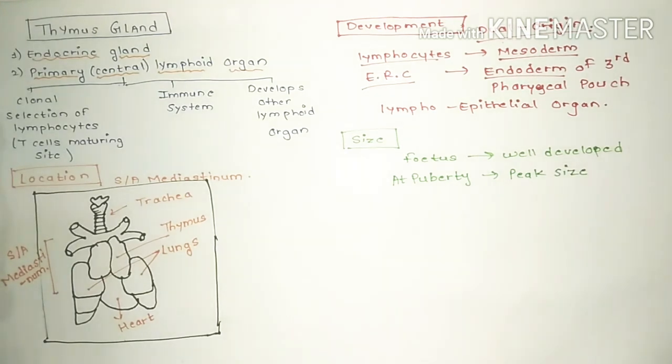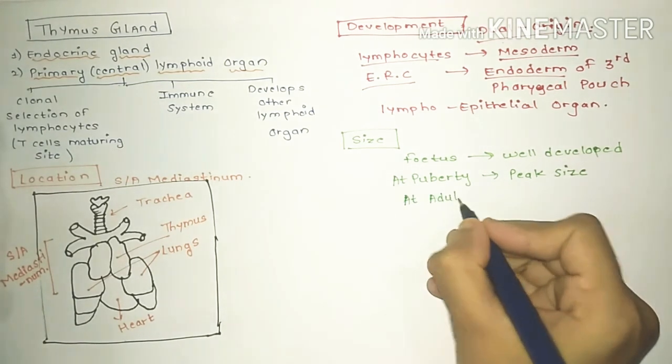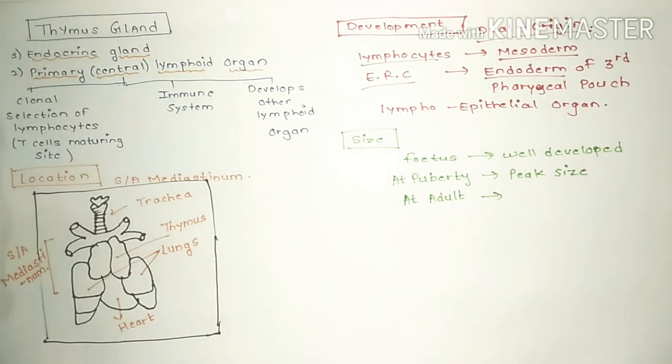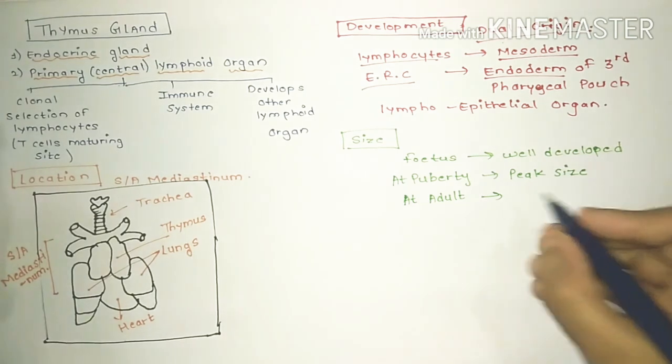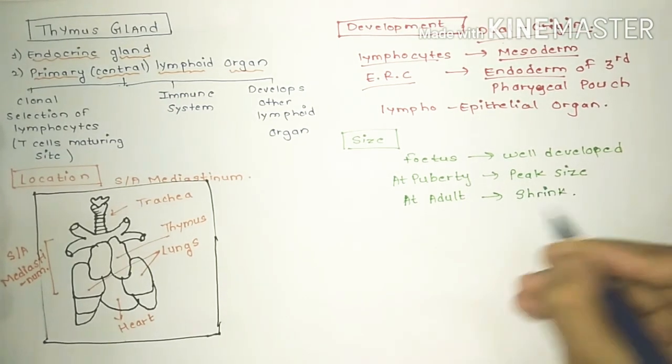After this size, thymus cannot go any further, and in adults, thymus starts shrinking and decreasing in size, and its parenchyma gets replaced by fibrofatty tissue, which is adipose.